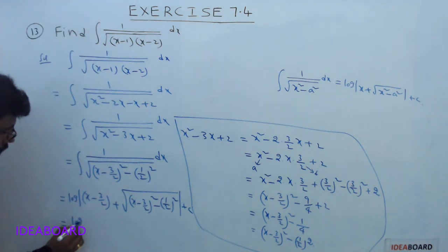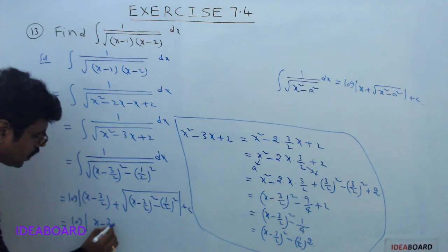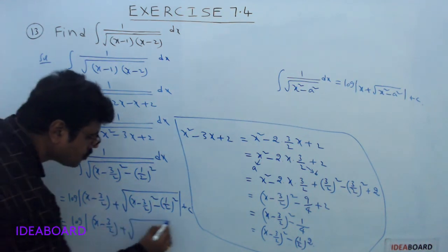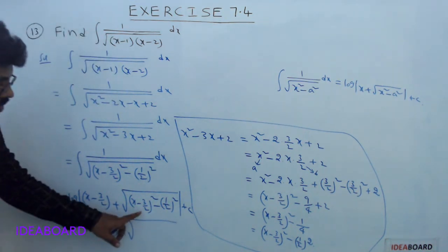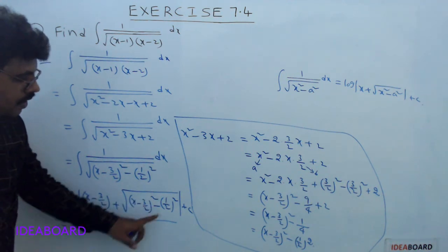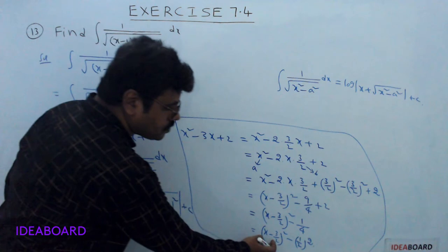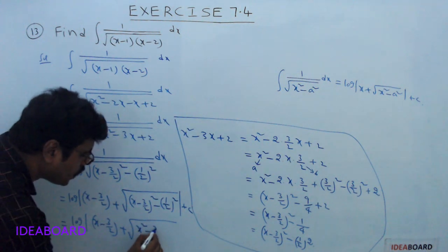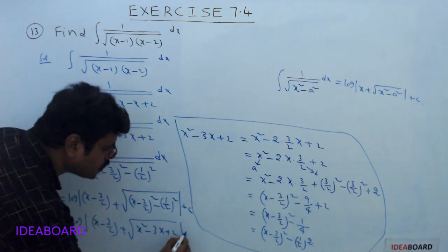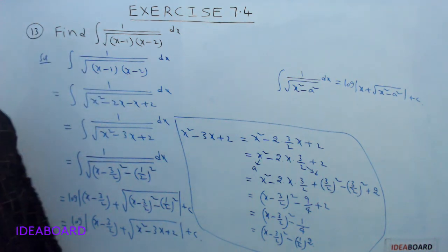Now this is equal to log mod x minus 3 by 2 plus square root of (x minus 3 by 2) whole square minus (1 by 2) whole square, which is same as x square minus 3x plus 2. So instead of this expression, you can substitute the value x square minus 3x plus 2, plus some constant c.